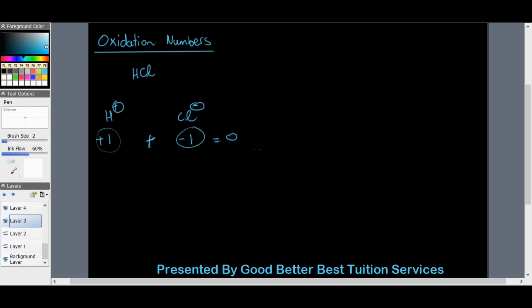I get 0. So oxidation numbers, first rule, must always add up to 0 if it's a molecule. All right, so I would like to call this rule number 1. In a molecule, the oxidation numbers must always equal 0.